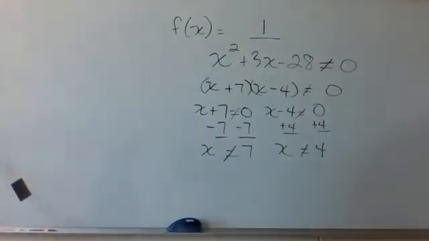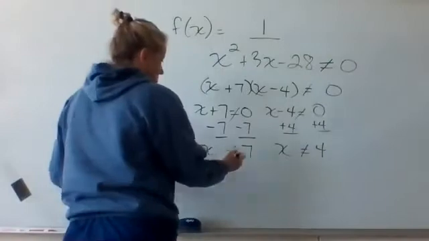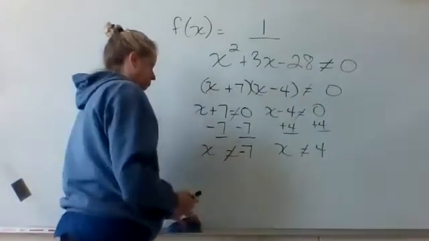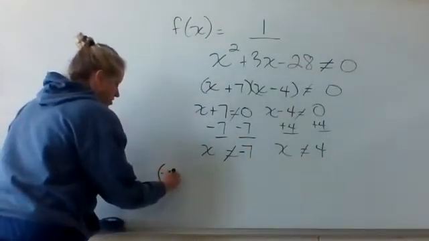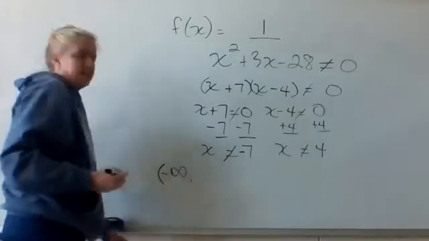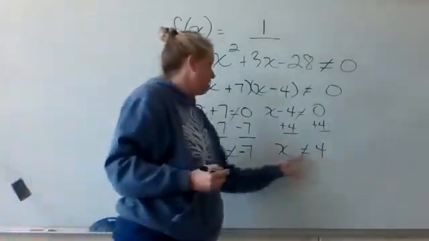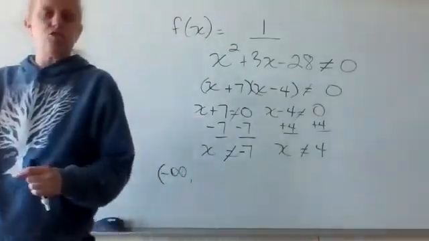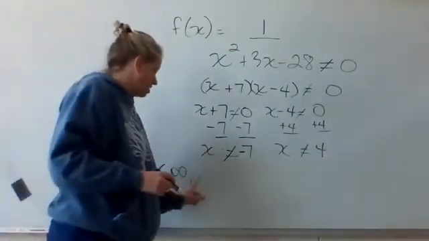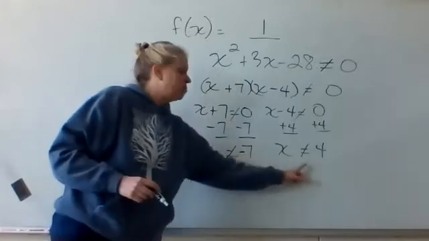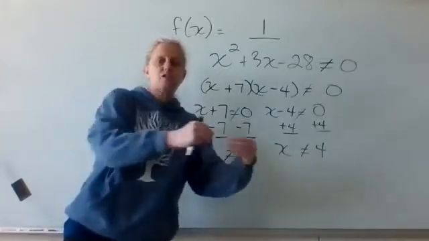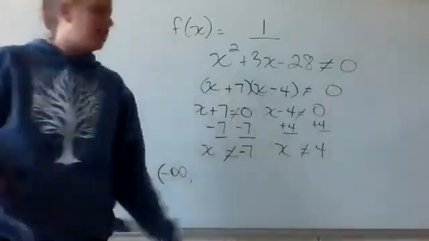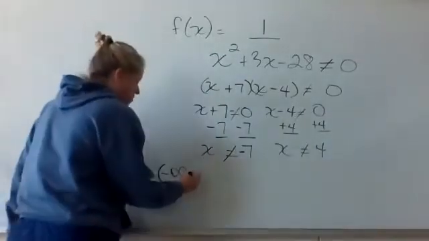Okay, so if I write that in interval notation, I would start at negative infinity. Now, looking at your 2 answers here, remember, when you're doing interval notation and you start at negative infinity, what goes in this parenthesis is the number that you would run up to first on the number line. If I start at negative infinity, I'm going to run into negative 7 first.